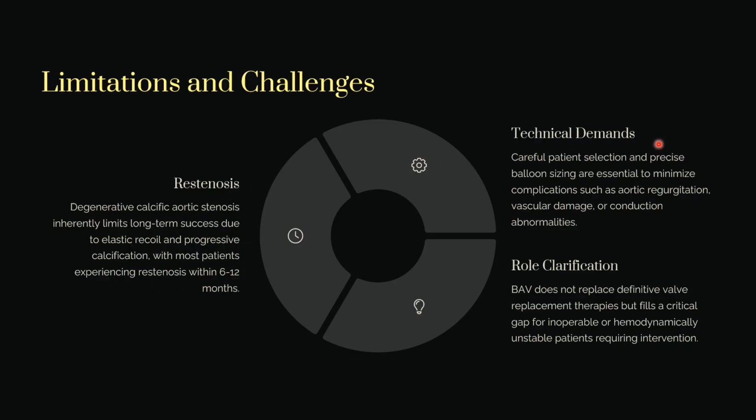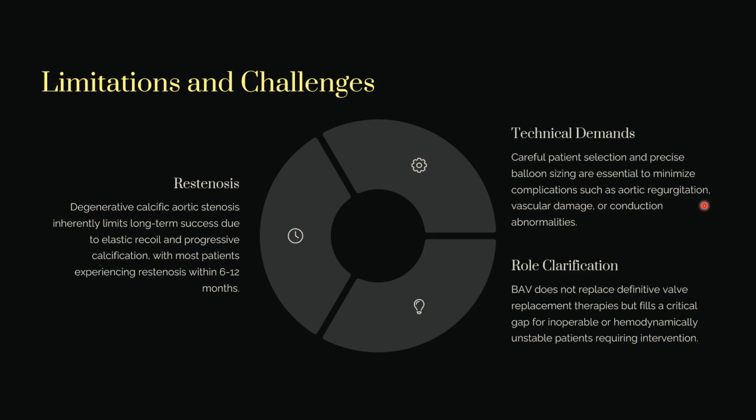Next, technical demands. Careful patient selection and precise balloon sizing are essential to minimize complications. So patient should be selected carefully whether the patient is at all fit for this treatment, and precise balloon size, 20 to 23 millimeter, to minimize the complications like aortic regurgitation.